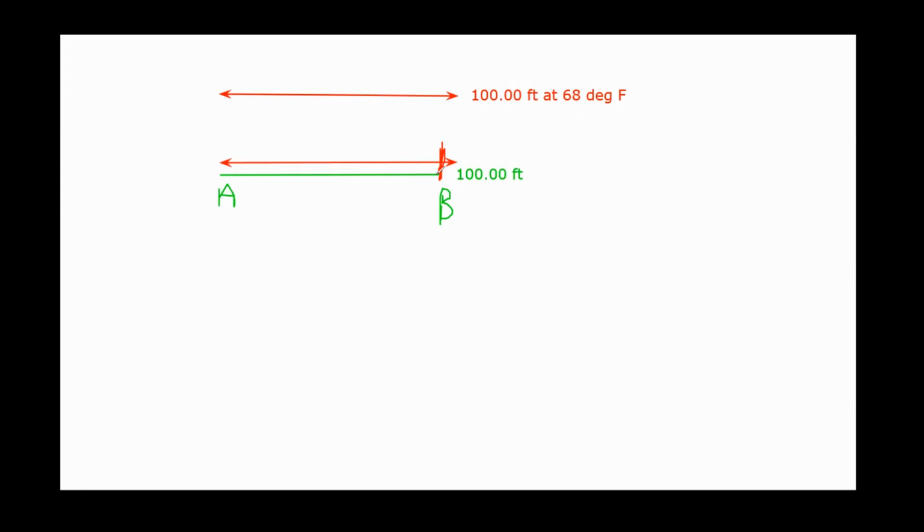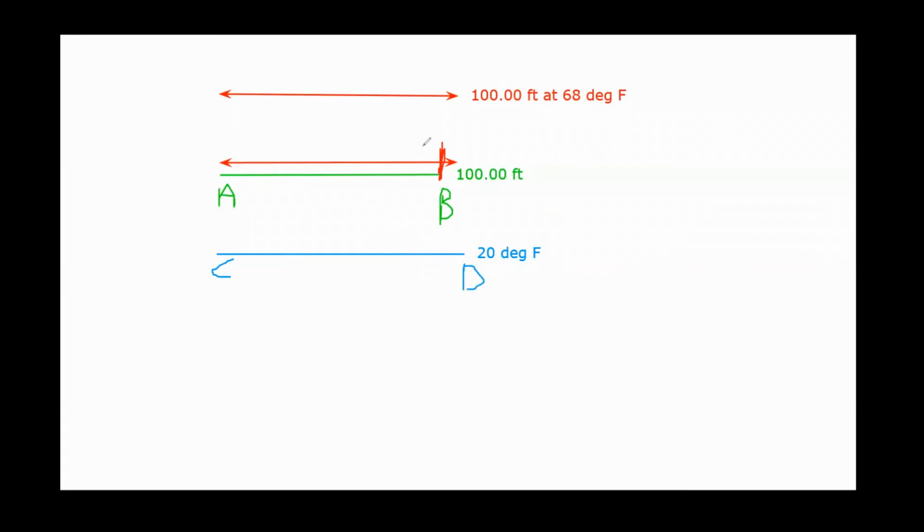If you went to a different place where it's, let's say, 20 degrees Fahrenheit, and you have a different line, but it happens to be, let's call it just for simplicity here, CD.